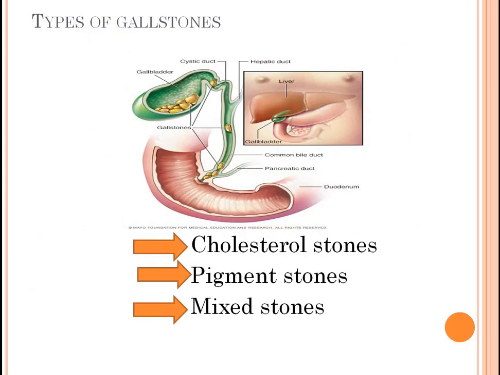About the gallstones: they can be cholesterol, pigment, or mixed stones. Cholesterol stone is the most common one and its color is yellow.